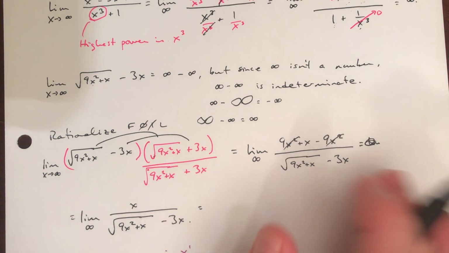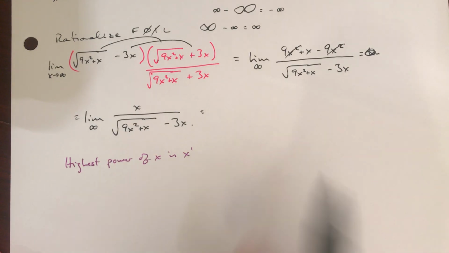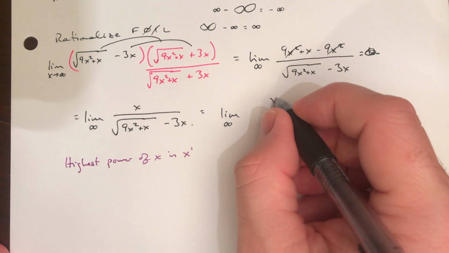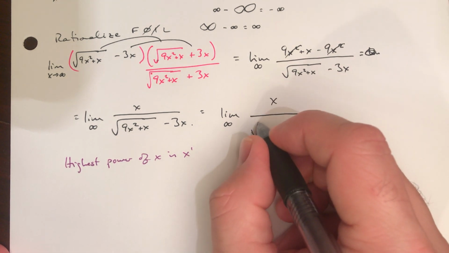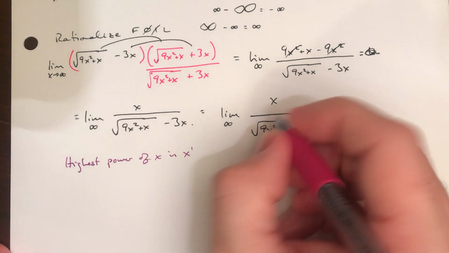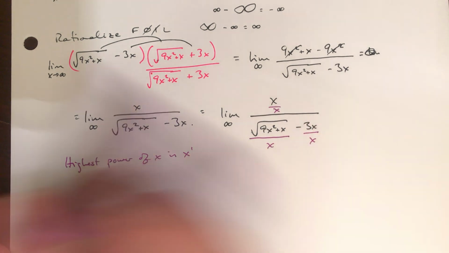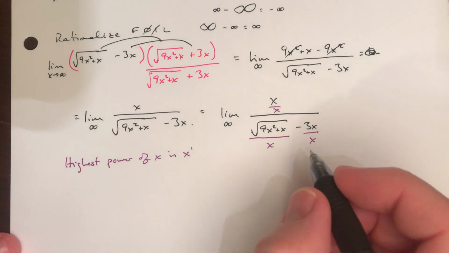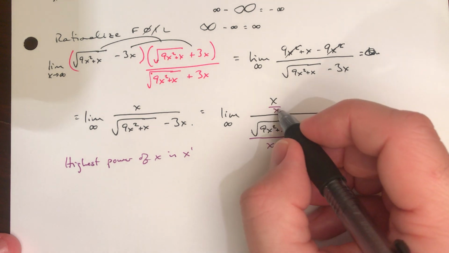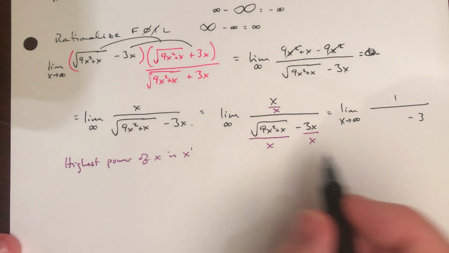Now we go through the same kind of trick that we did here, dividing everything by x. The limit as x goes to infinity of x over the square root of 9x squared plus x minus 3x. And now we're going to divide everything by x. X divided by x is 1. 3x divided by x is going to be negative 3.